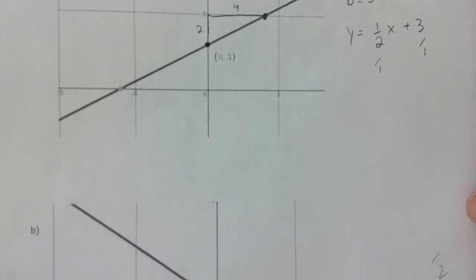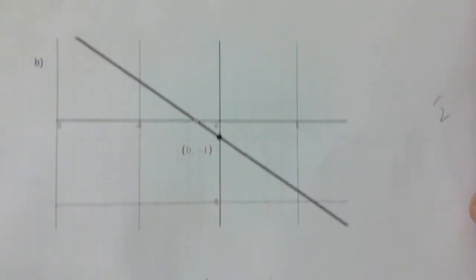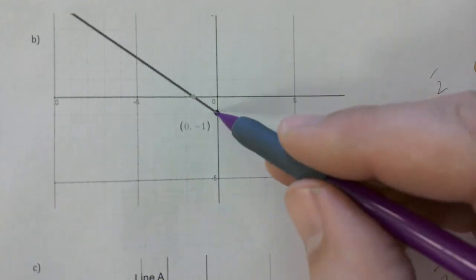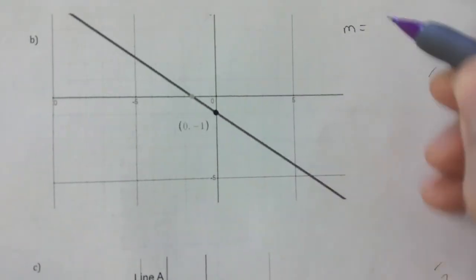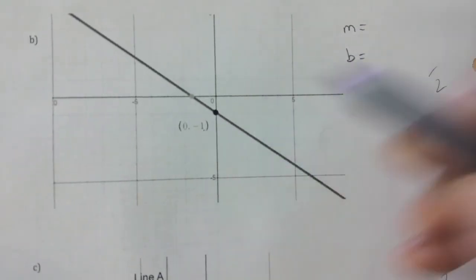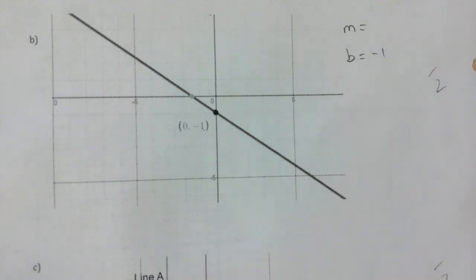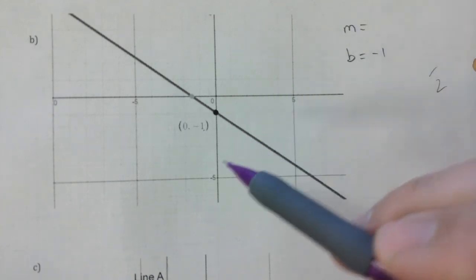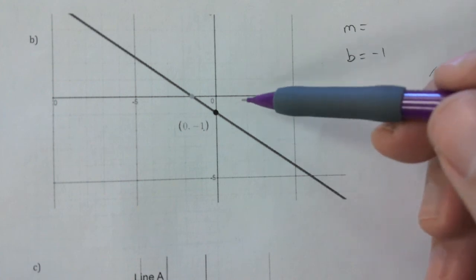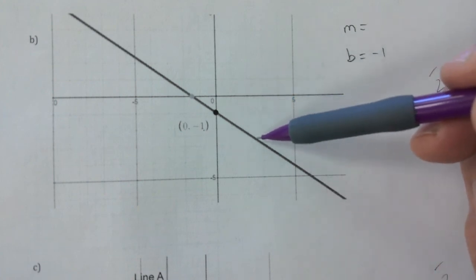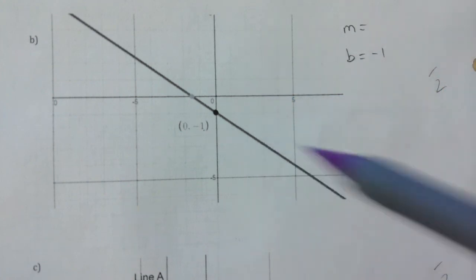Next, you need to identify your slope and you need to identify your y-intercept. The y-intercept is -1, and for the slope, I'm scanning. I think this is a good point right here.